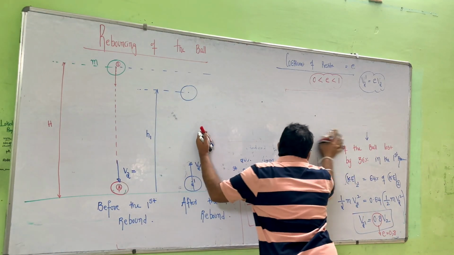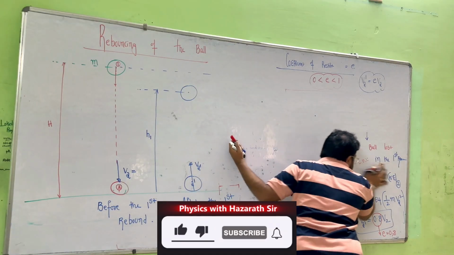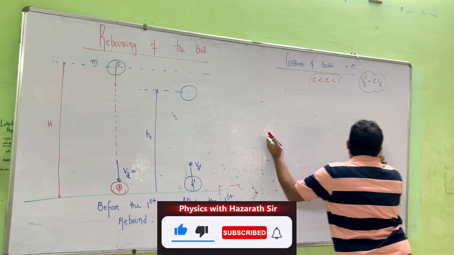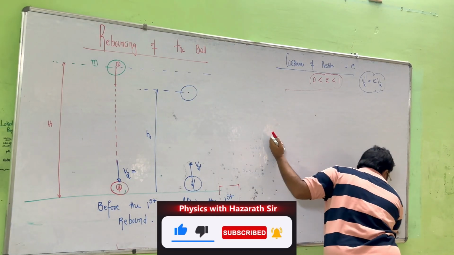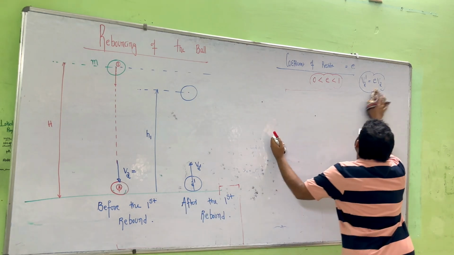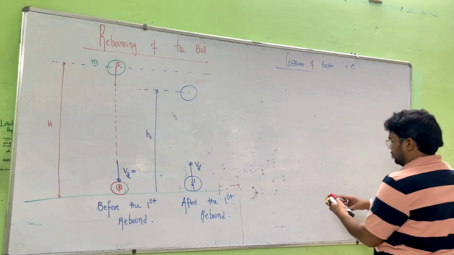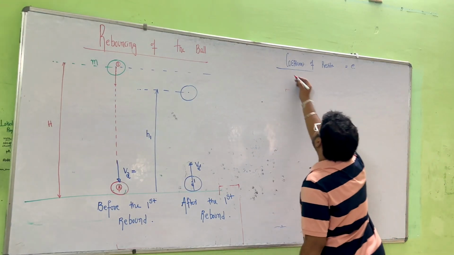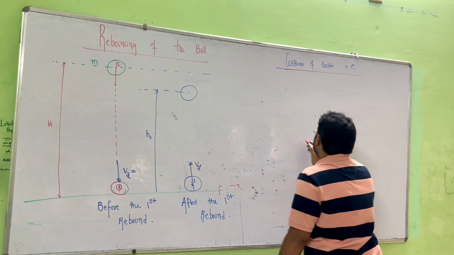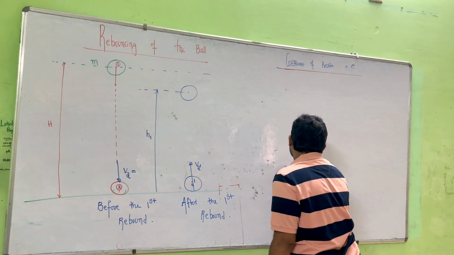Now, focus here. What is the coefficient of restitution, e? So this is the ball, coming and hitting the ground.